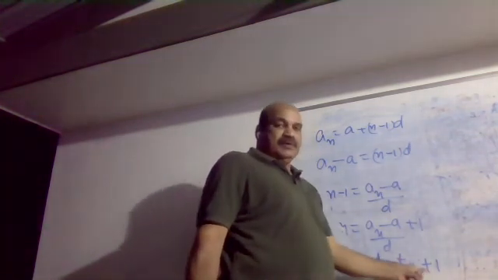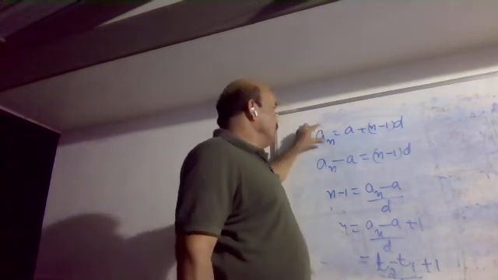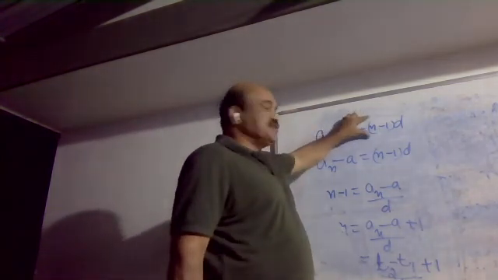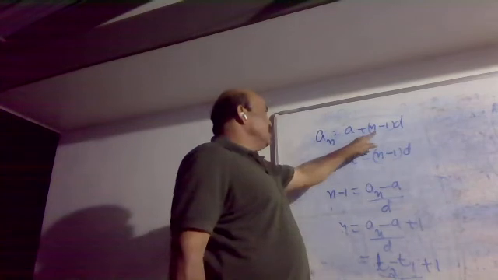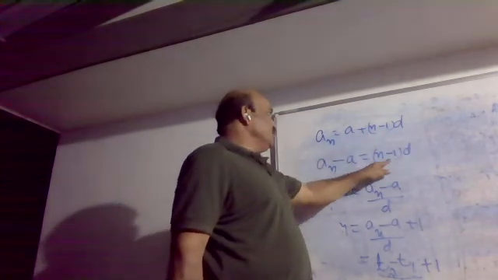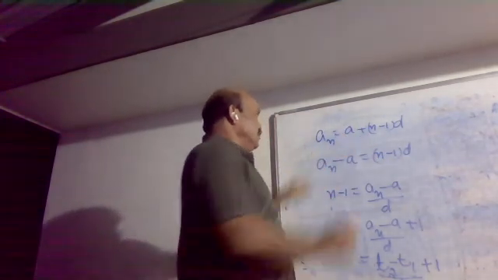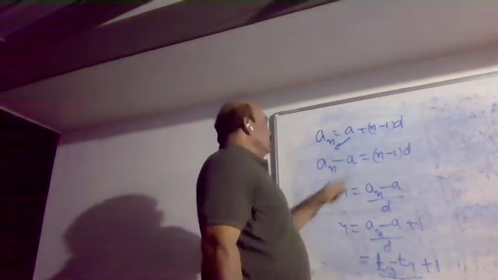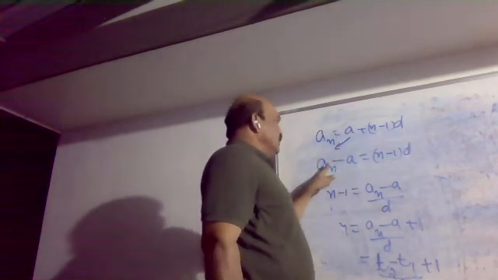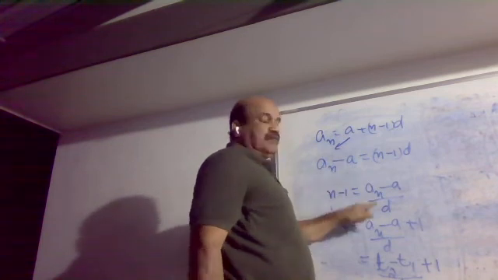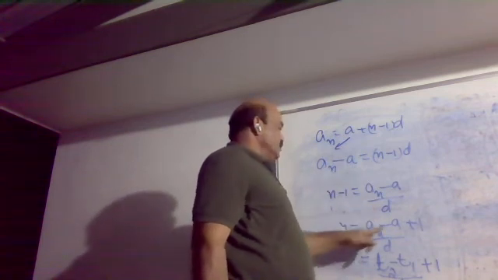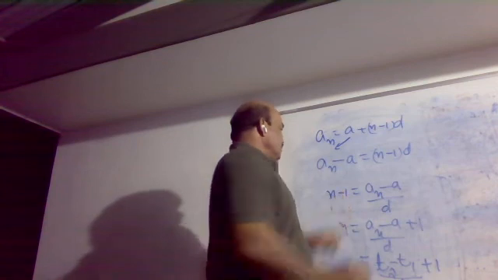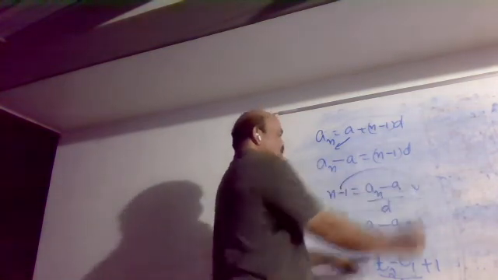So in an AP, an = a + (n - 1) d. You solve for (n - 1) d = an - a. You bring this a to this side, minus a. Then n - 1 = (an - a) / d. The minus 1 goes to the other side and becomes plus 1.